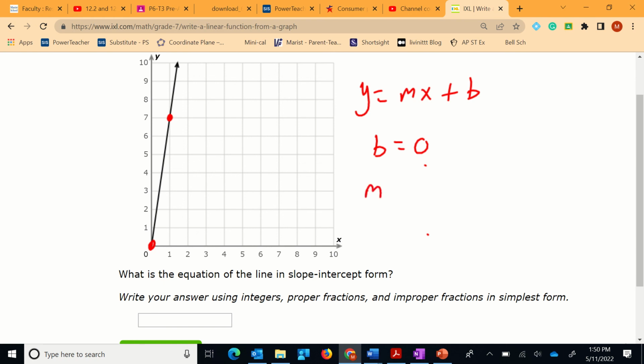So your slope, you go up 7 and right 1, which is 7 over 1. That's just 7. So y equals m, 7, multiplied by x, plus b. That's plus 0. We don't have to show that. So we're just going to say y equals 7x. And then submit.